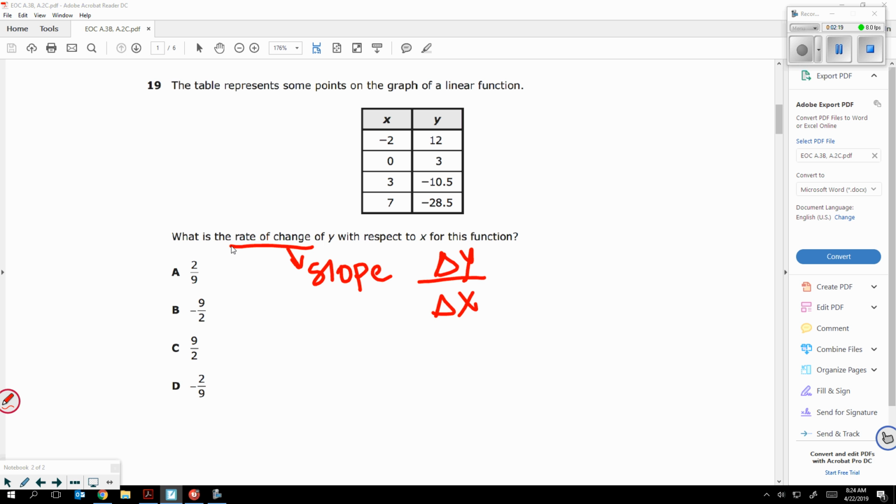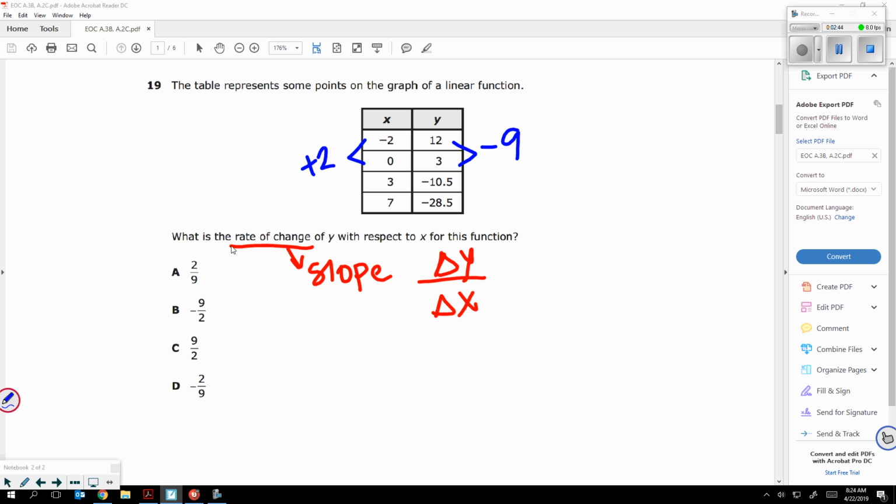So if we go to our table, if we look at our x's, how do I get from -2 to 0? Plus 2. How do I get from 12 to 3? Minus what? 9. Minus 9.